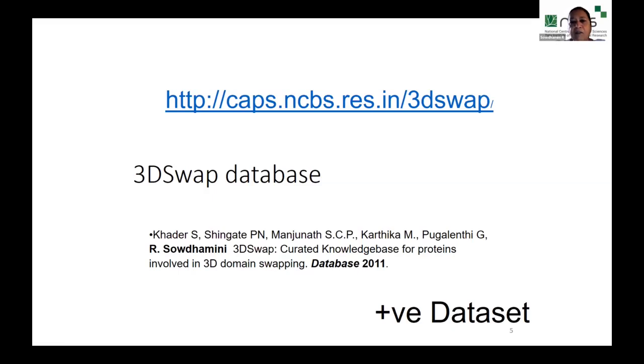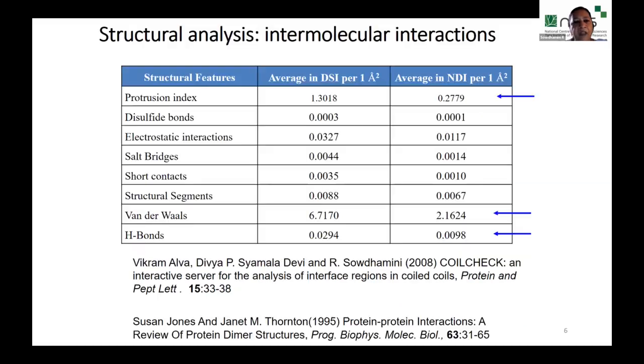So what is our negative data set? That is a very tricky one, because we never know that those proteins which are currently not reported to be engaged in domain swapping will never ever be engaged in swapping. However, we created a negative data set so that they will never fall into any of these folds. So that was the data set.